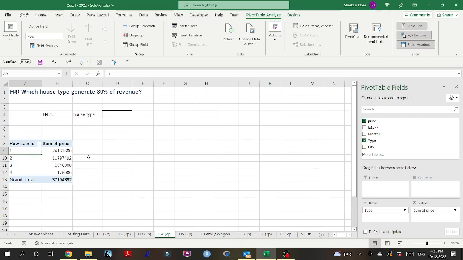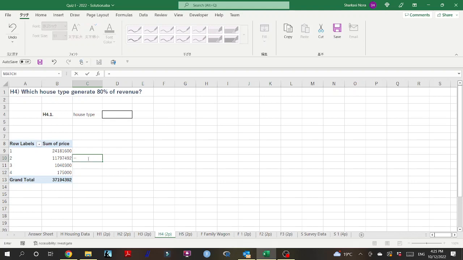Let's say that you're not sure, right? So what do you do? You sum this and this, okay? And then take this over this, and that would be 96%, you see? Because if you take a look at this alone, it still won't be 80%. You see, it's 60%.